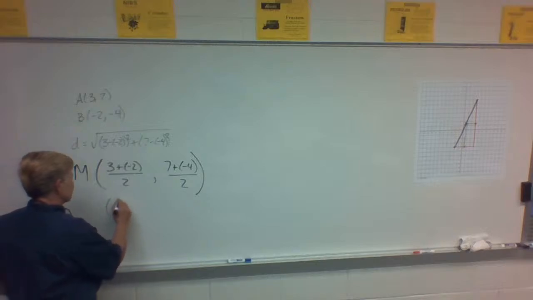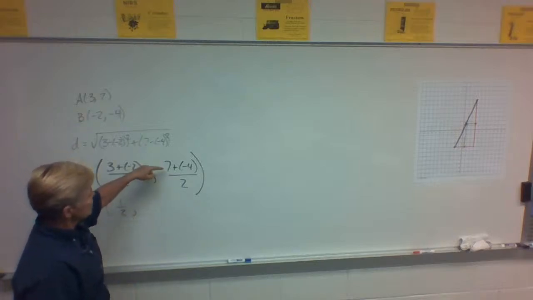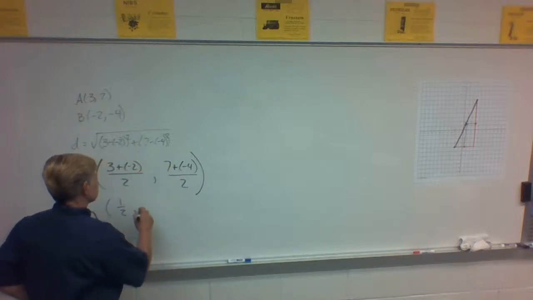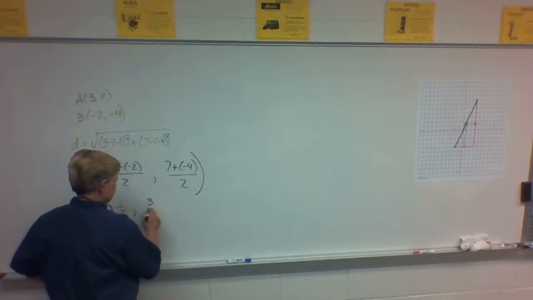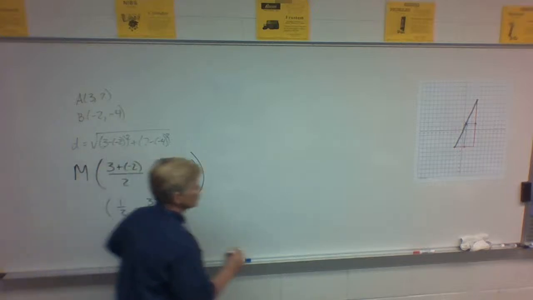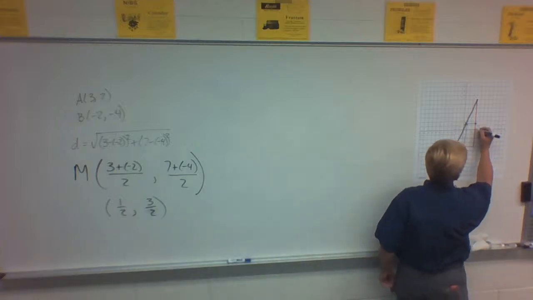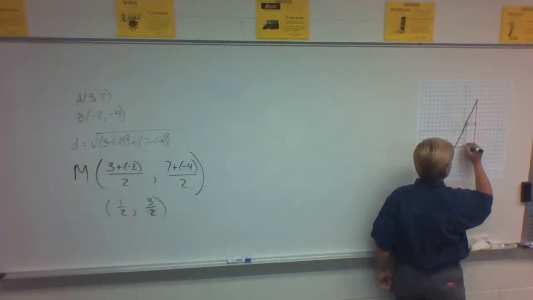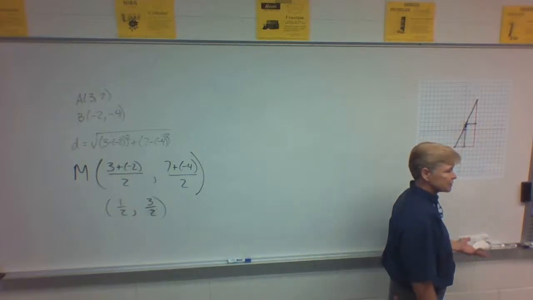Sure enough, 1/2. 7 minus 4 is 3. 3/2, which is 1 and 1/2. Is that where we went up here? Yeah, look at that. The y value is 1 and 1/2 right there in the middle. Where those two meet is at the point 1/2, 1 and 1/2. That's the middle of that black segment. Does that make good sense?